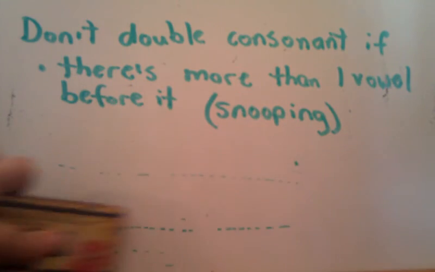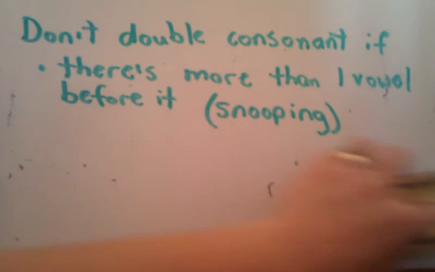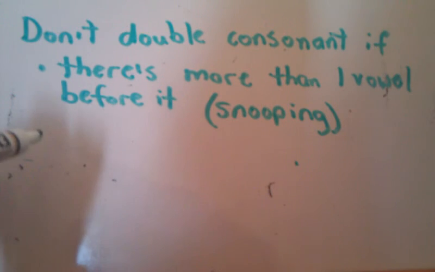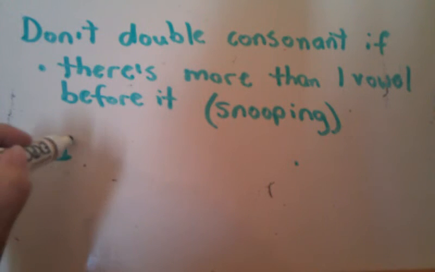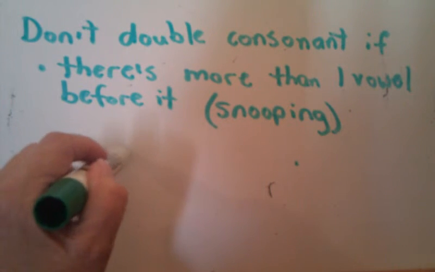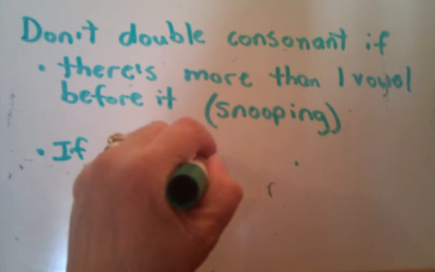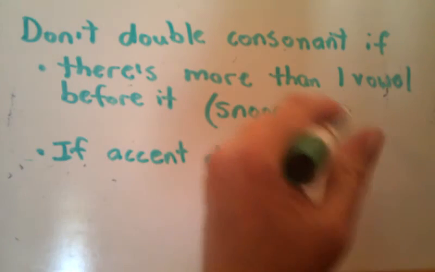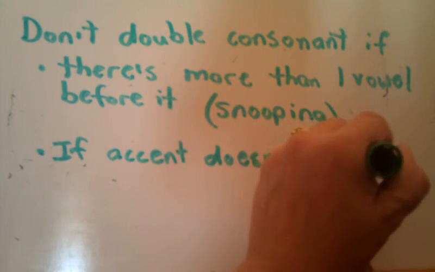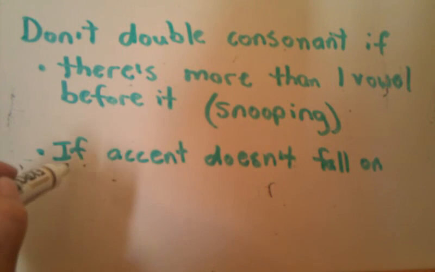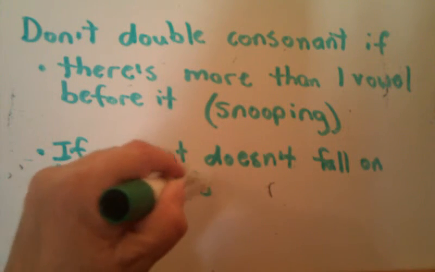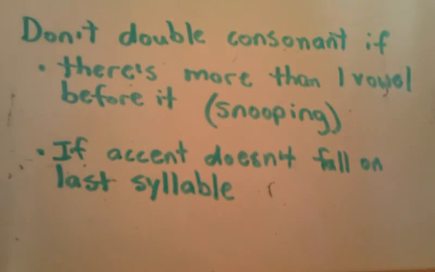Okay, now, if the word is more than one syllable and the accent is not on the last syllable, we're not going to double it either. So, if the accent doesn't fall on the last syllable, then again we're not going to double the consonant.